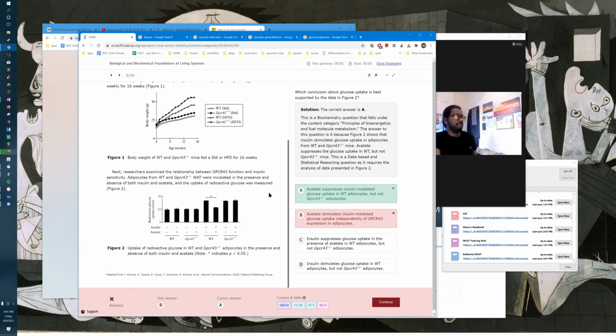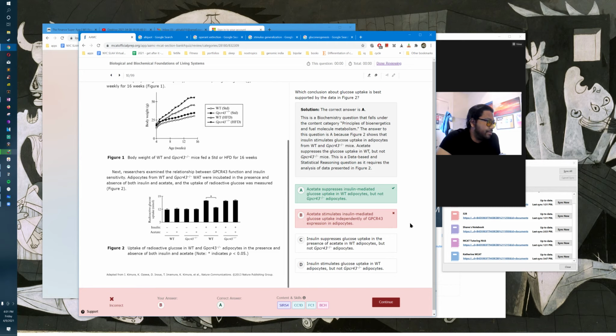And it seems like they're giving the wild type mice insulin in both cases, but when acetate is not given, there's a lot more glucose uptake, and when acetate is given, there's less glucose uptake. So it seems like acetate works to suppress glucose uptake in wild type adipocytes.